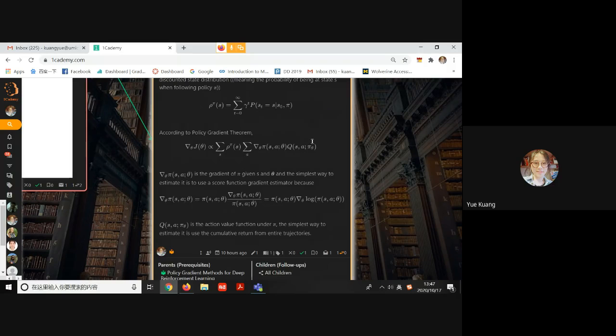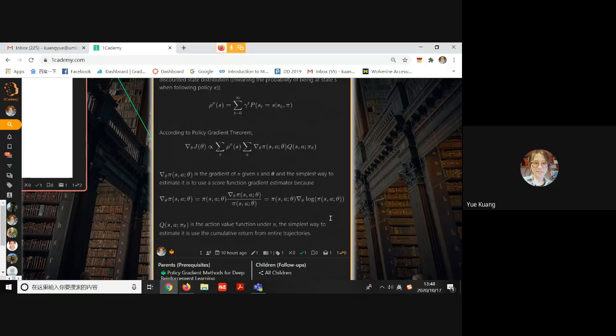The latter term is the action value function under pi. Actually, it is the Q value, so we don't want to calculate it, we want to estimate it. The simplest way is to use the cumulative return from the entire trajectories.